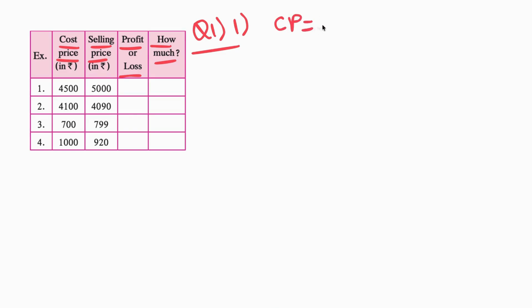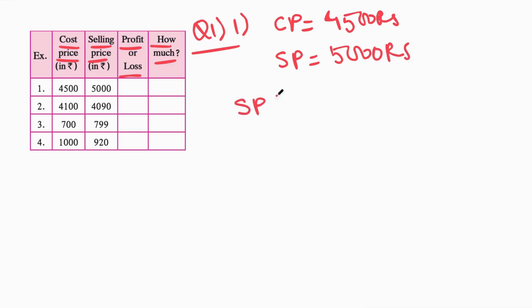Cost price is equal to 4500 rupees and selling price is 5000, right? So here the selling price is greater than the cost price, which means it was a profit.